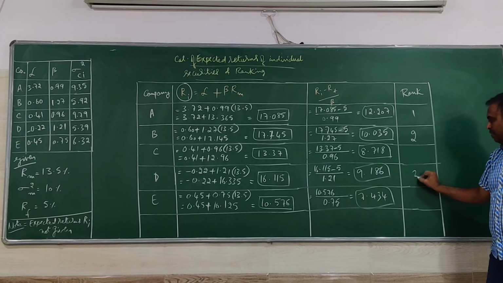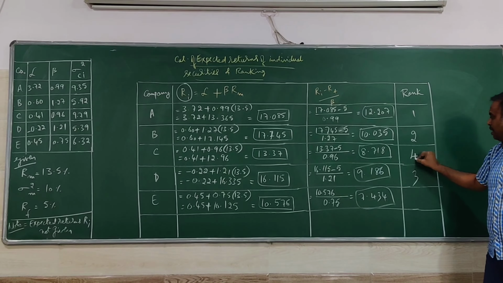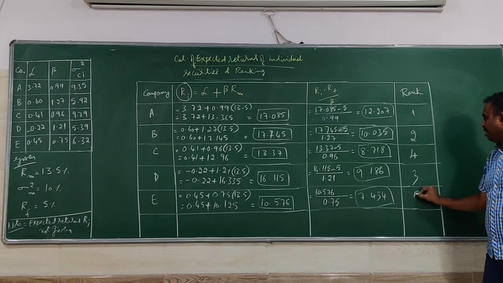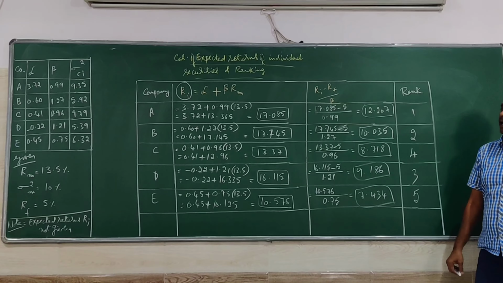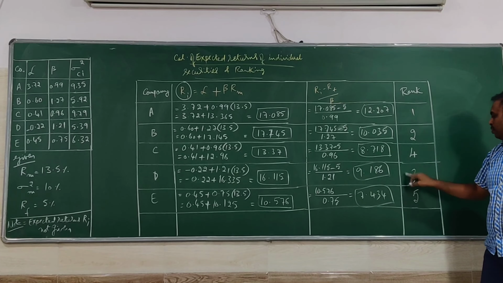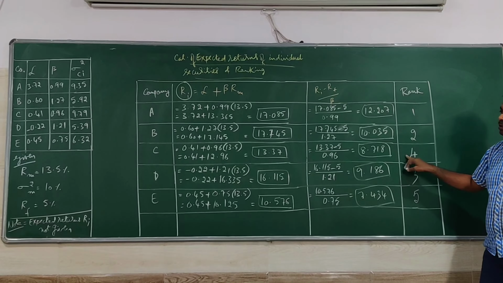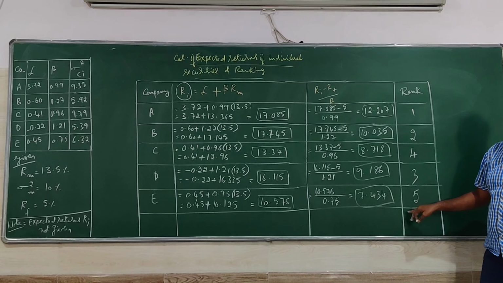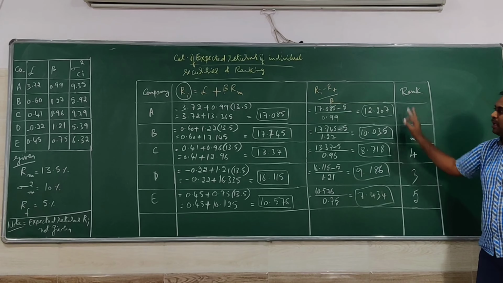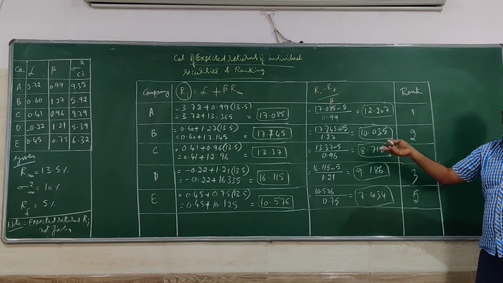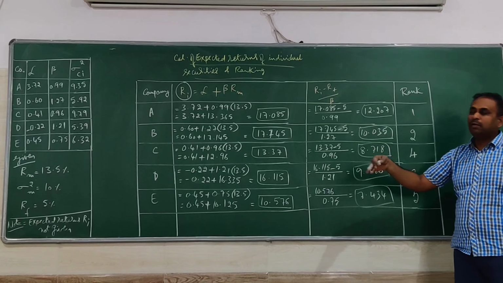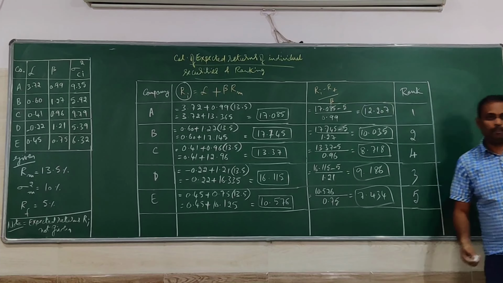D becomes 3, C becomes 4, and E remains at 5th ranking. So 1, 2, 4, 3, 5 is reversed. D becomes the 3rd one, C the 4th one, and E remains the 5th one. So this is the ranking. Now onwards we have to work further, to find which is the best one. For that we will go for one more table.